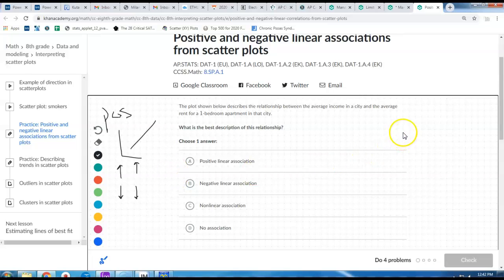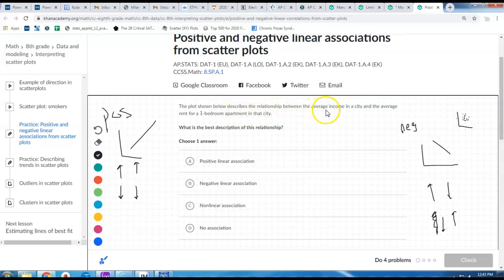They move together. A negative association looks like this, meaning when one variable goes up, the other one goes down, or if the first one goes down, the second one goes up. And sometimes you'll get neither, where your graph is just a bunch of random nonsense, and there's no association, there's no pattern there at all.